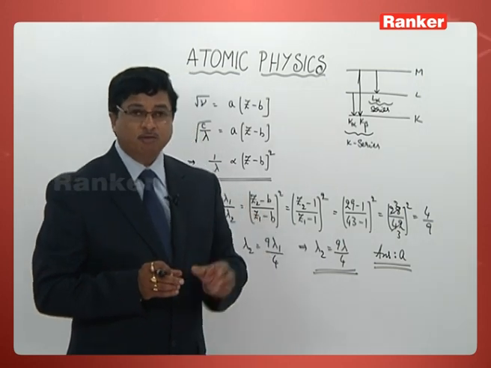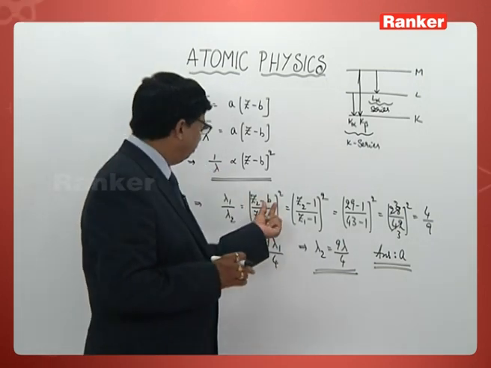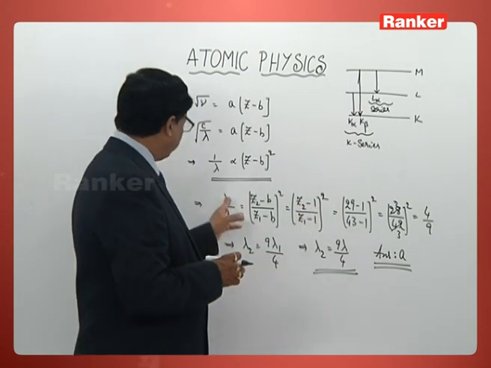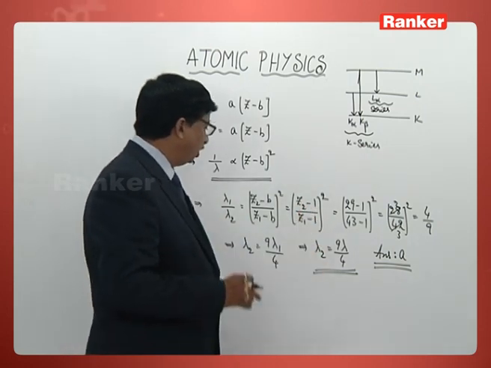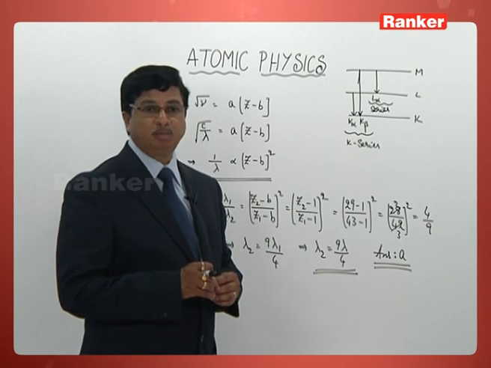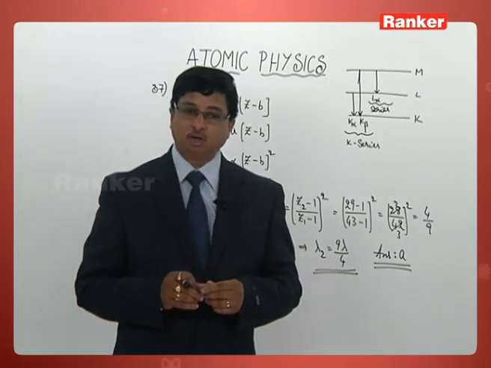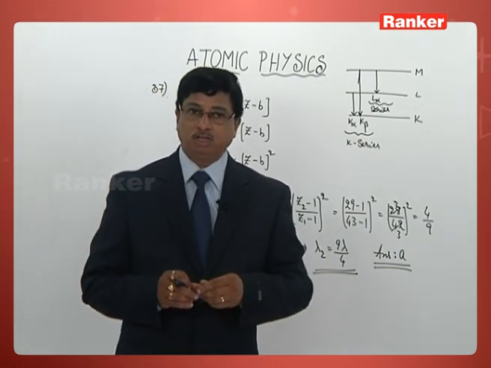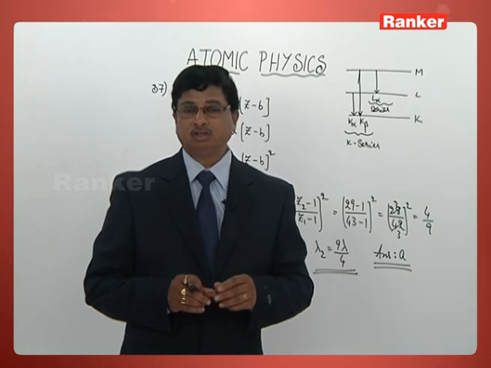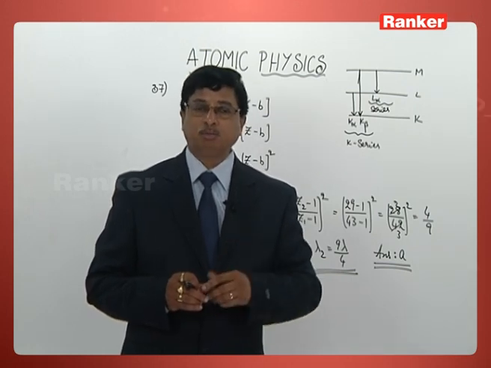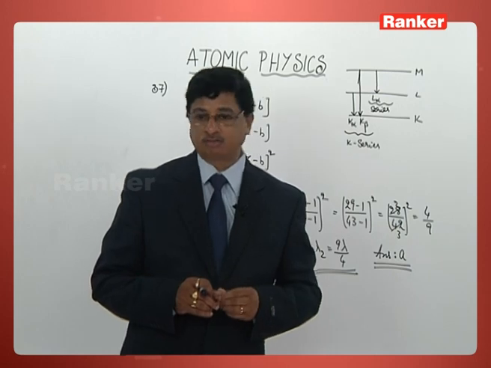For K series, the value of B will be taken as 1, and accordingly we have got lambda 2 is equal to 9 lambda by 4 as the correct option, and that tallies with the very first option given, that is A, right? This is problem number 37 for us.